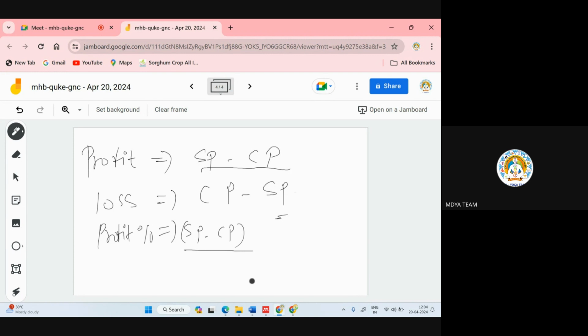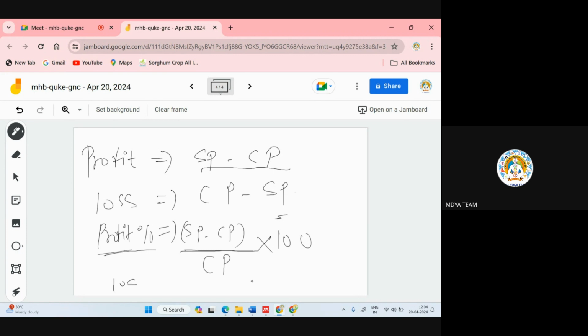So every time while calculating profit percentage, the cost price will come in the denominator. The source of comparison always comes in the denominator, just multiply it by 100 and you get profit percentage.